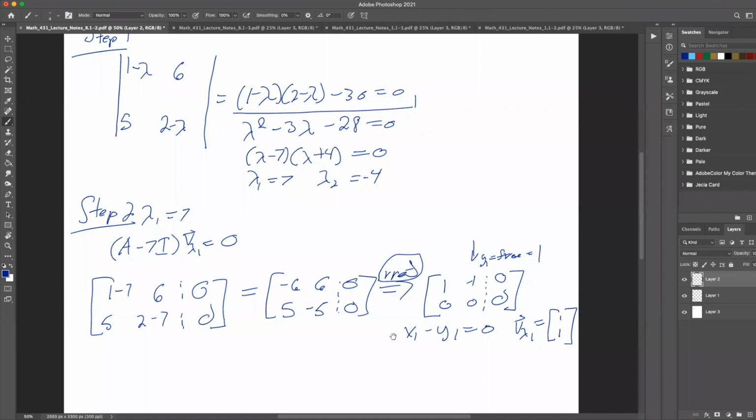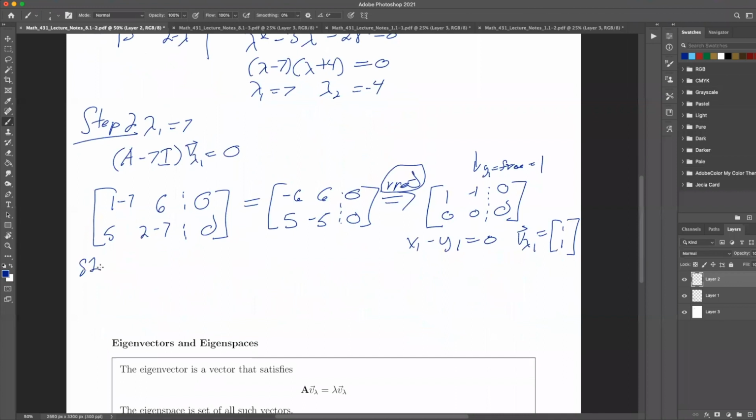Okay. All right, so go ahead and try to do step 2 for lambda 2, which is equal to minus 4. So go ahead and try that on your own. I'll give you guys a few minutes to do that. I'm going to step away for a second, and I'll come back and answer any questions you have.